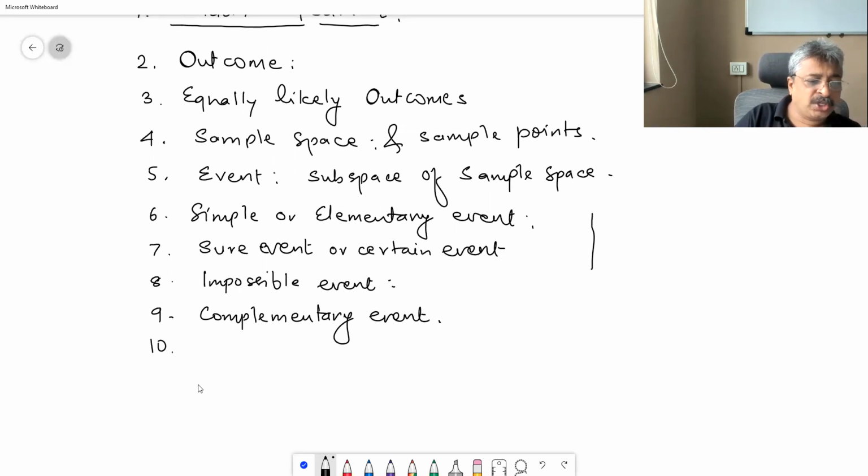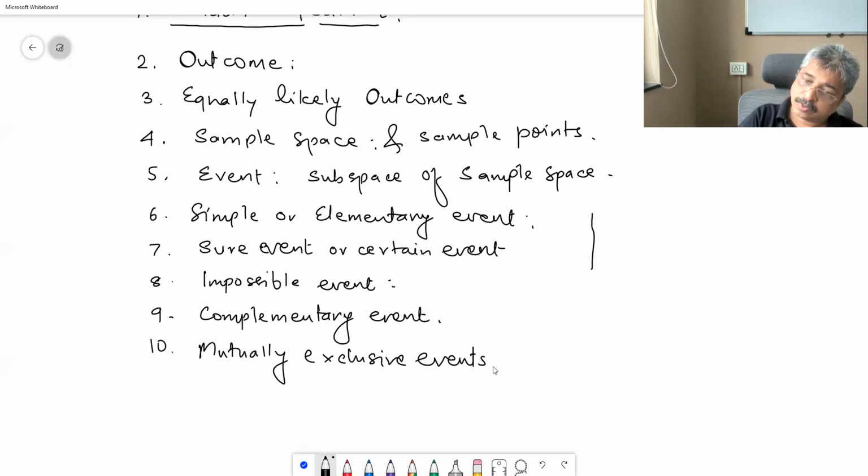10. Mutually exclusive events. If A and B are disjoint sets, then A intersection B does not contain any sample point.